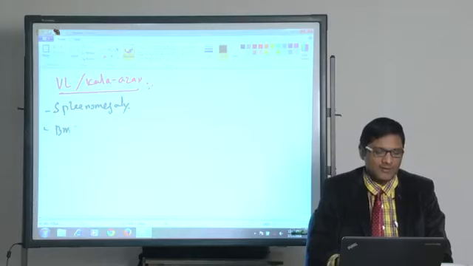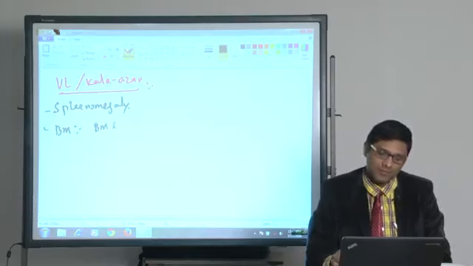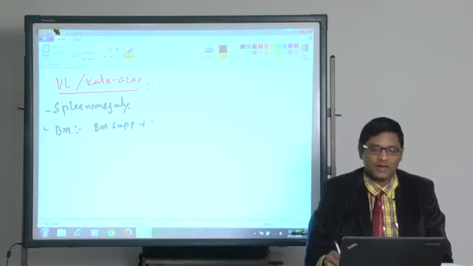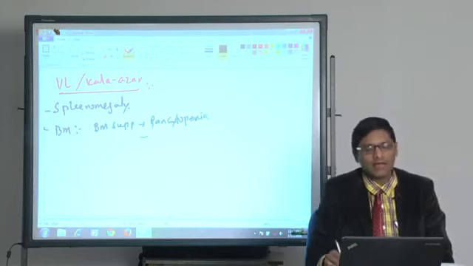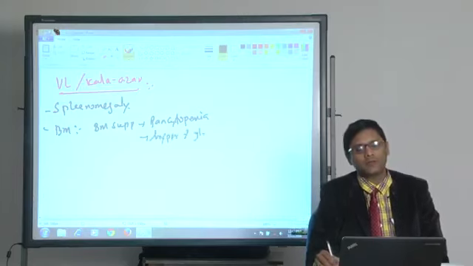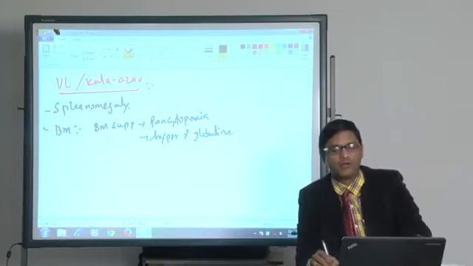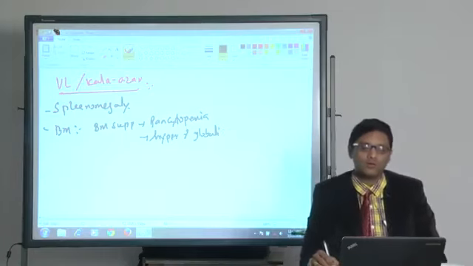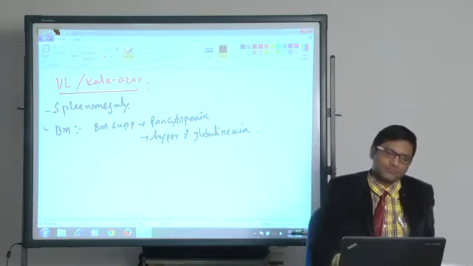Bone marrow deposition leads to bone marrow suppression, which causes pancytopenia, and as a reflex you will have polyclonal B cell activation, so hypergammaglobulinemia, with non-specific antibodies produced.